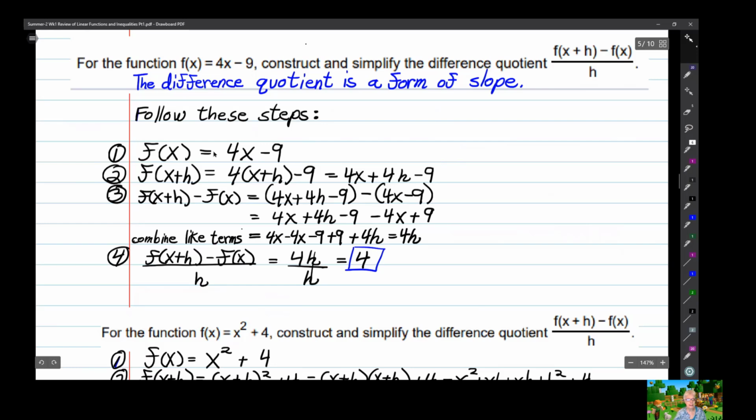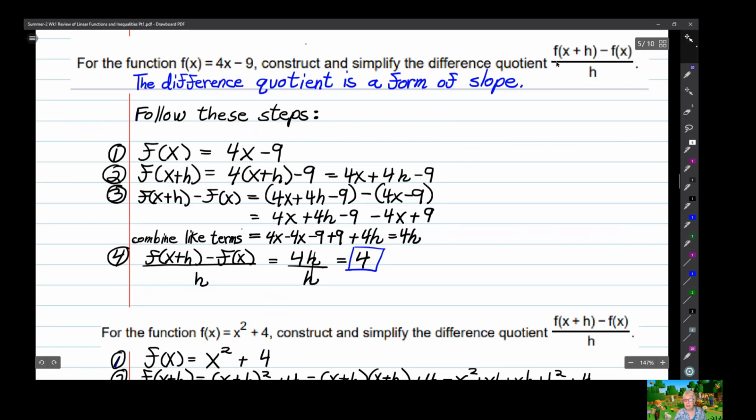I write f of x equals 4x minus 9. Then step 2, I calculate what f of x plus h is. Whatever goes in these parentheses goes in for the x. So that gives me 4 times (x plus h) minus 9. I distribute the 4. That gives me 4x plus 4h minus 9.